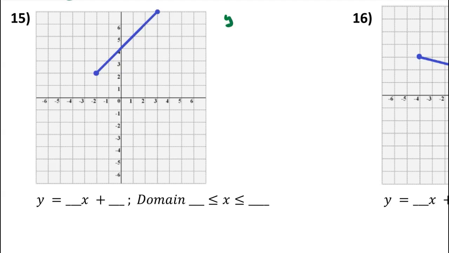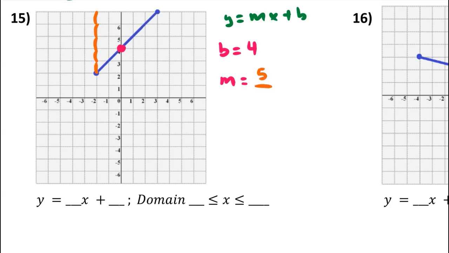Okay, y equal to mx plus b. What do we need to know first? We need to know the b. Where's the beginning? They cross the y-axis at 4, so b is 4. Slope, how many rise and run? You go up 1, 2, 3, 4, 5.